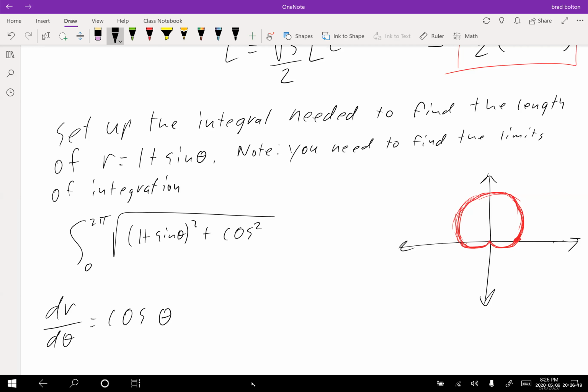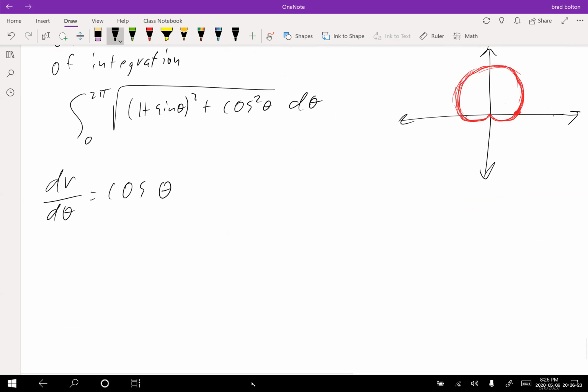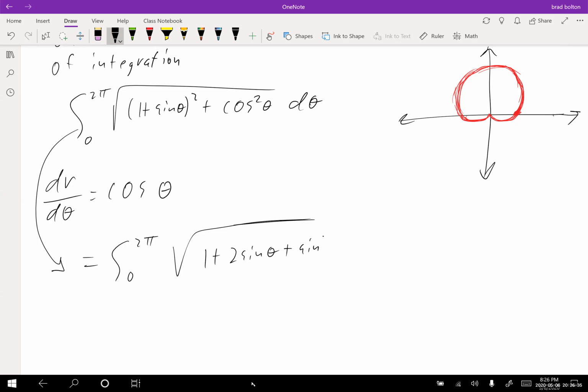So this would be cosine squared theta d theta. Sorry, I kind of messed that up. So 0 to 2 pi, now this would be 1 plus 2 sine theta plus sine squared theta plus cosine squared theta d theta.